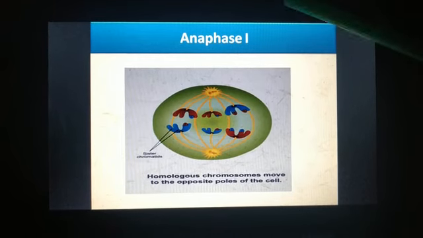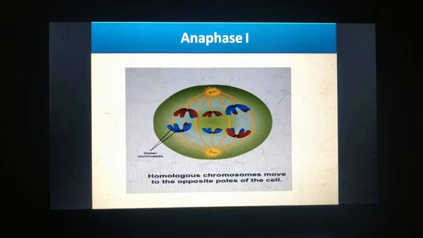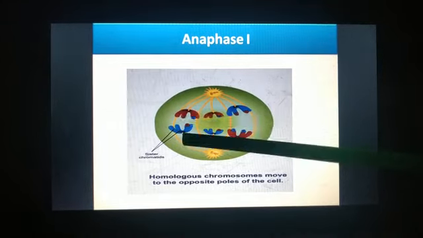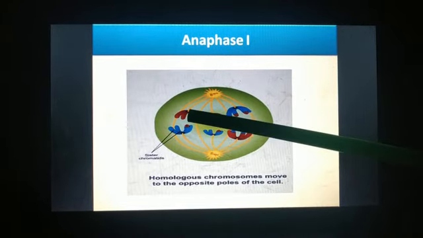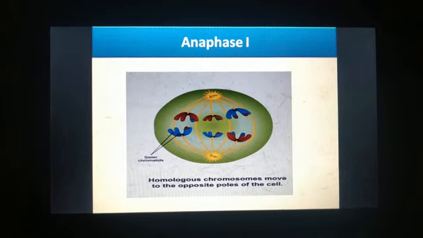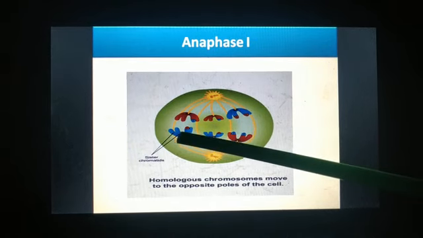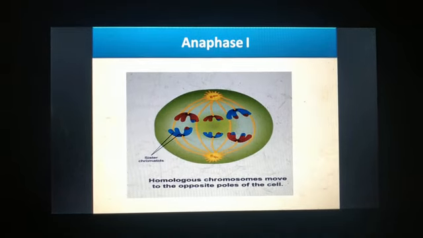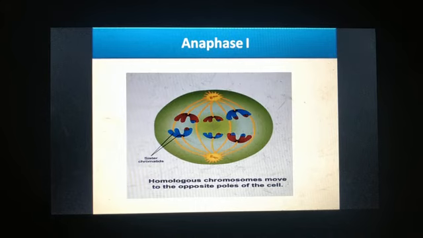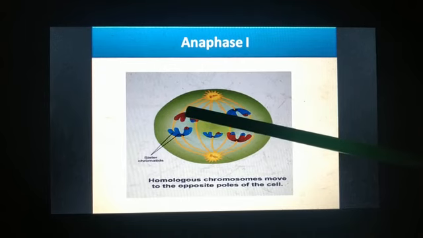Now the cell will enter anaphase 1. During anaphase 1, the homologous chromosomes, these two, separate from one another, while the sister chromatids remain attached at the centromere.